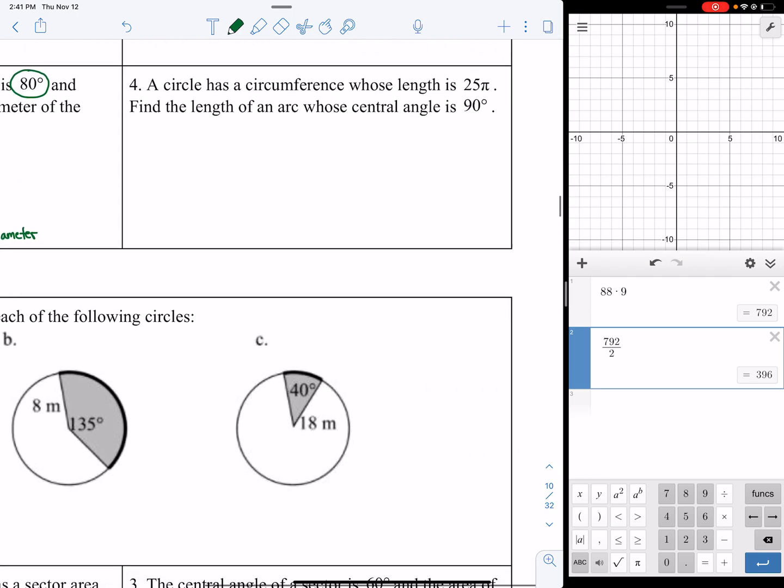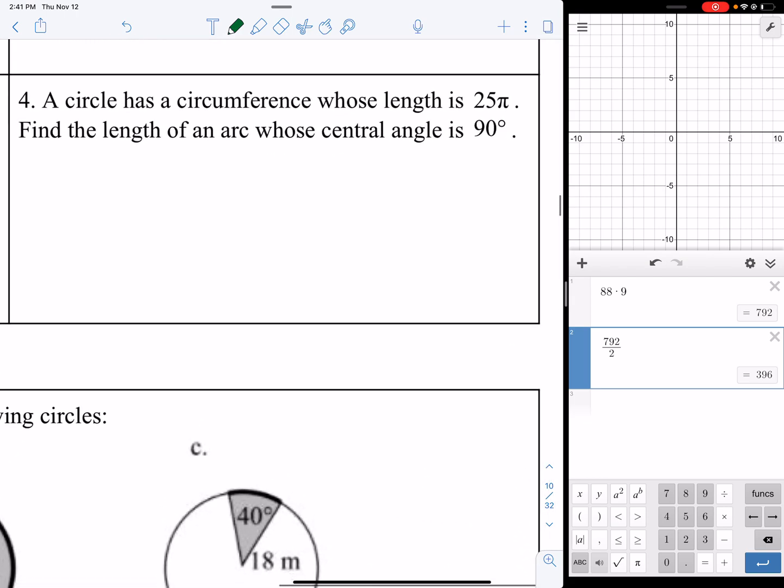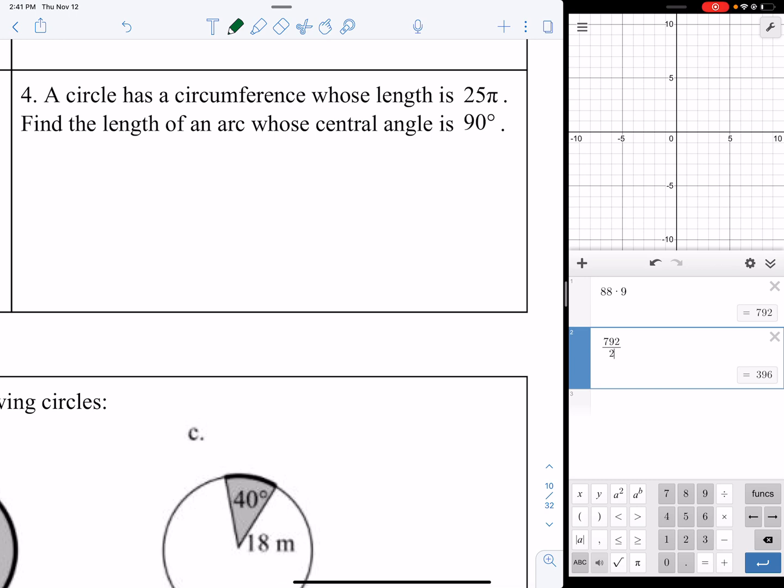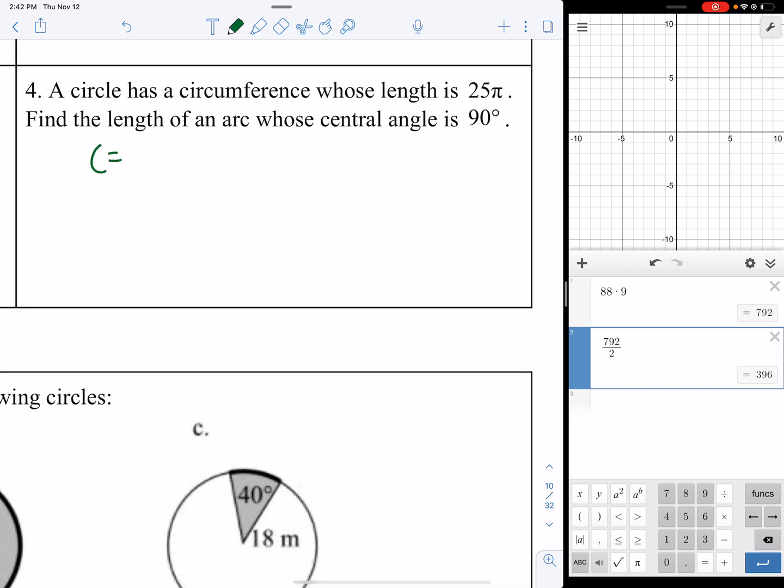Okay. Number 4, a circle has a circumference whose length is 25 pi. Find the length of an arc whose central angle is 90 degrees. All right, so if the circumference is 25 pi and circumference equals 2 pi times the radius, or actually, we could just skip that part because we can use the whole circumference and find, what are we looking for?